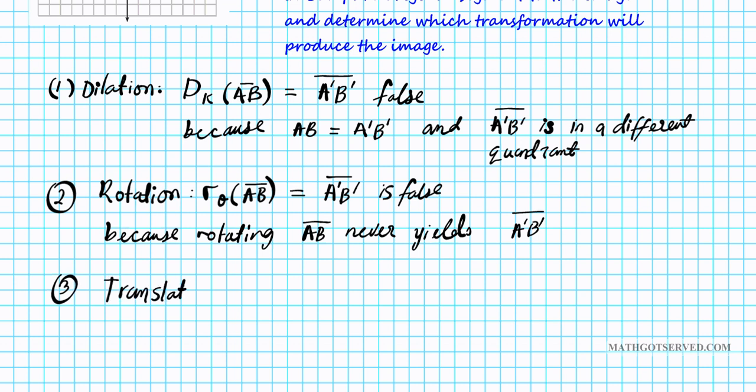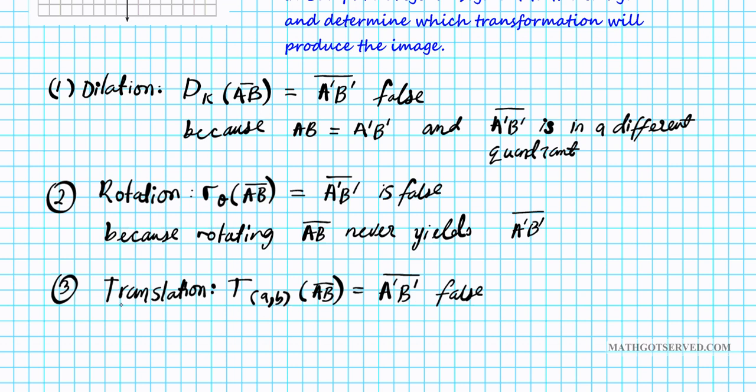Now how about translation? Can we say that a translation by some vertical and horizontal unit on AB alone can yield the image A prime B prime? Is that possible? This is false.